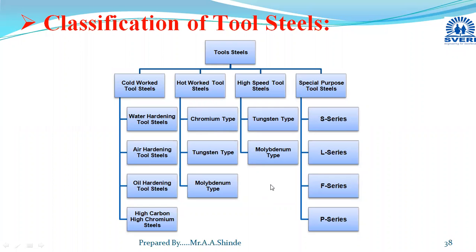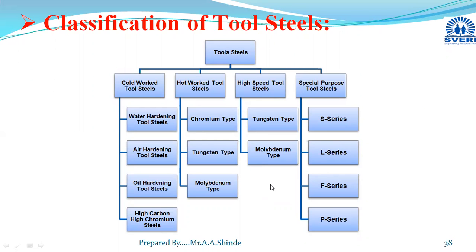Those operations are termed cold working operations, and the operations which we conduct above the recrystallization temperature and just below the melting point of that particular metal or alloy are termed hot working operations.